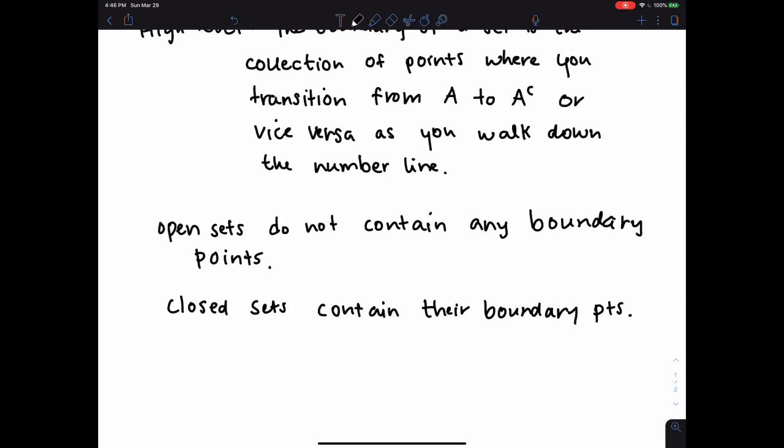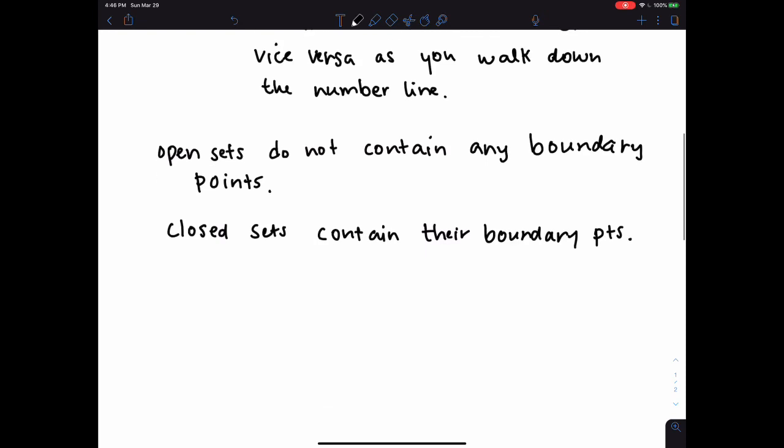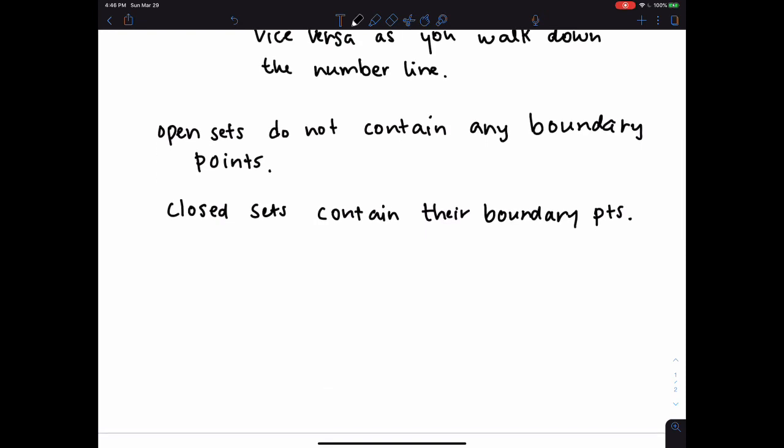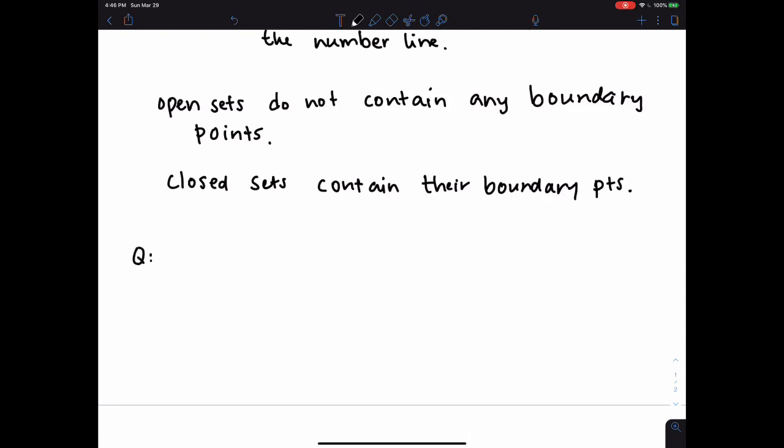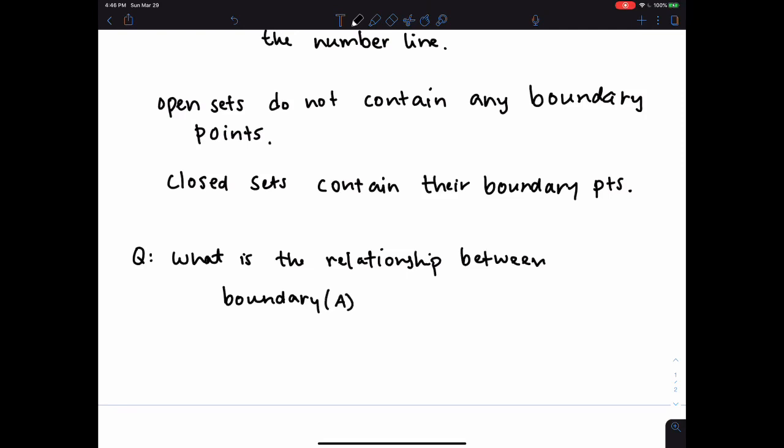So to see how open and closed are actually related to one another, we want to think about how the boundary of a set A is related to the boundary of its complement. So, question. What is the relationship between the boundary of A, which I'm just going to write boundary of A like this, and the boundary of A complement?